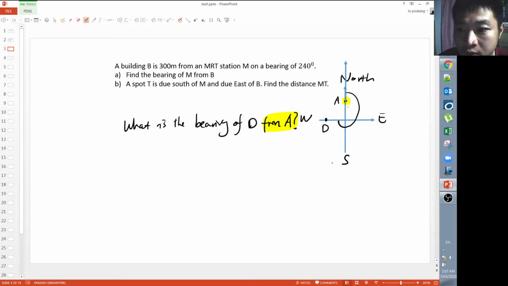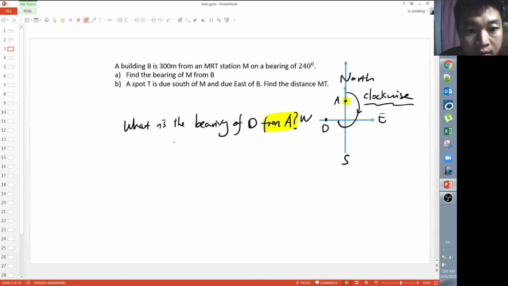By the way, it's always clockwise. So your job is to find out what this angle is.